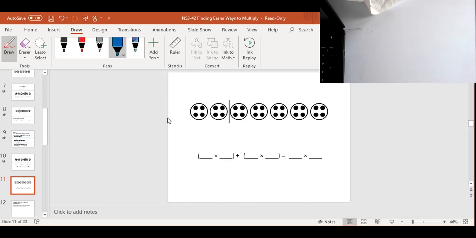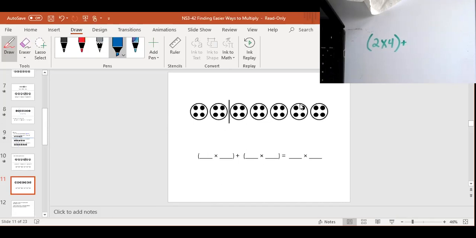Okay. I hope you paused. So let's do this together. So we have here 2 groups. So the first thing I'm going to write down is how many groups? 2 groups of 4. There's 4 in each group. So that's what I'm writing right here. Plus, this little line basically means plus, doesn't it?